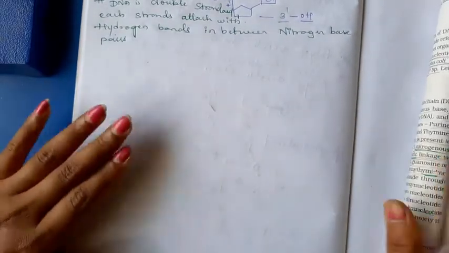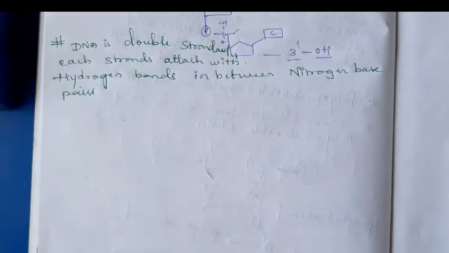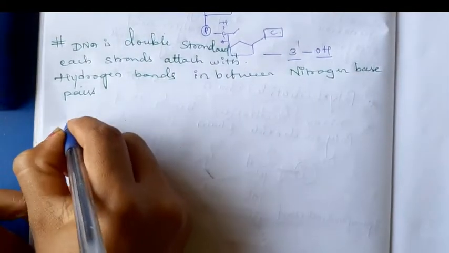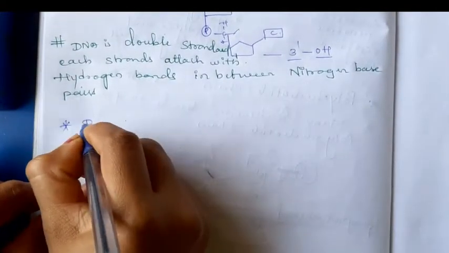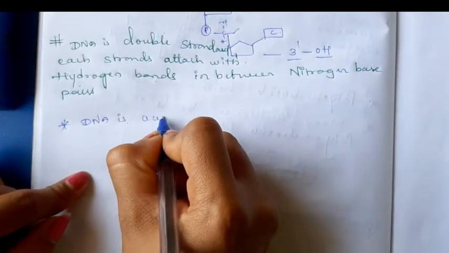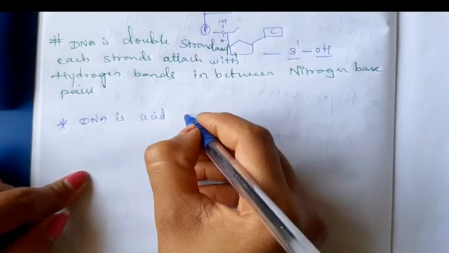Now we can discuss a small history about the DNA structure. DNA is an acidic substance.